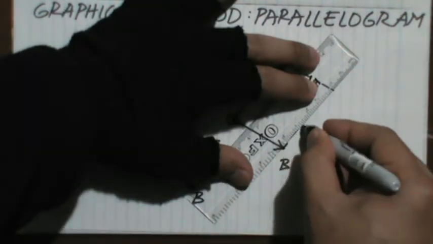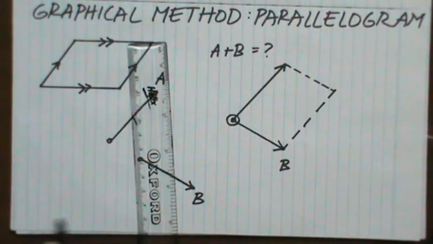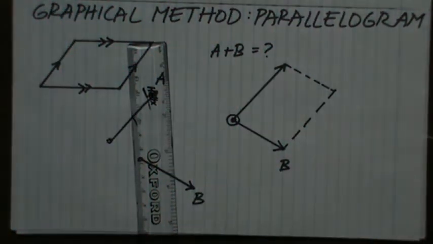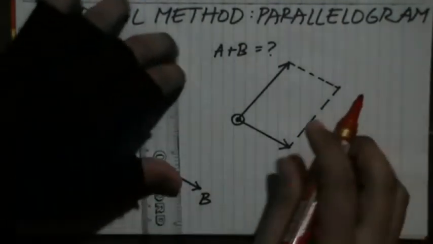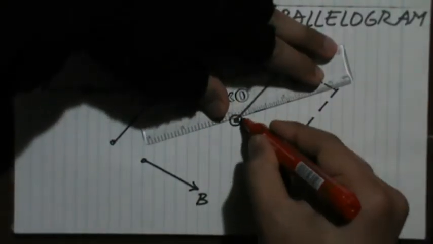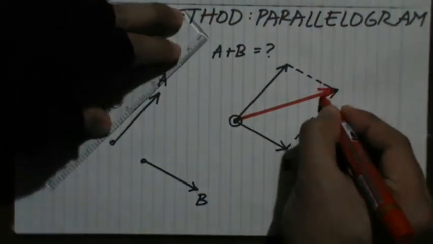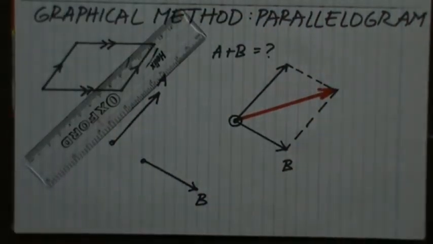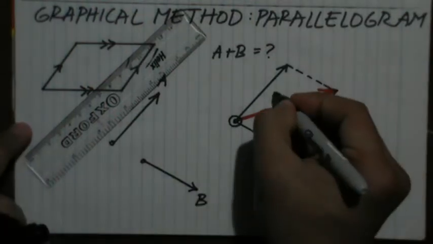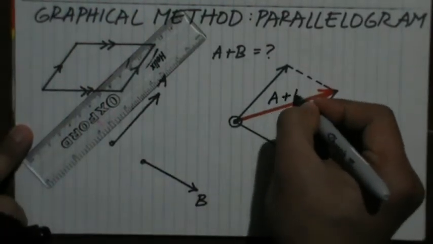Like this. And the diagonal of this parallelogram, this diagonal, that's the resultant of vector A and B.